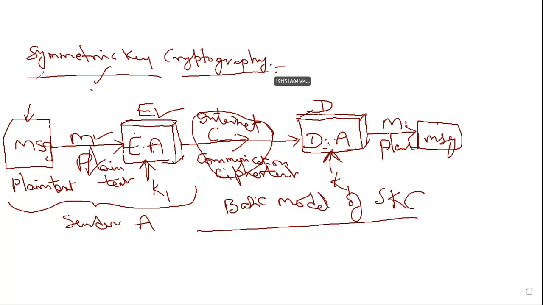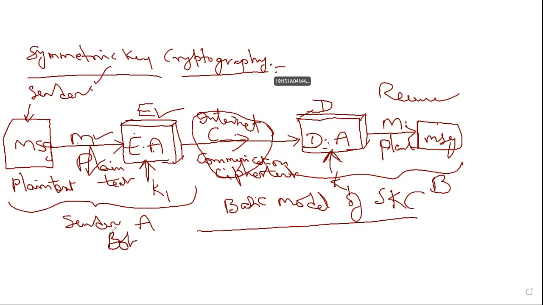Here the message originator is the sender and the message receiver we call the receiver. Let us name him as B, right? This is the receiver end. But in general notations, in textbooks, in cryptographic scenario, almost all the books use the sender name as Bob and the receiver name as Alice.